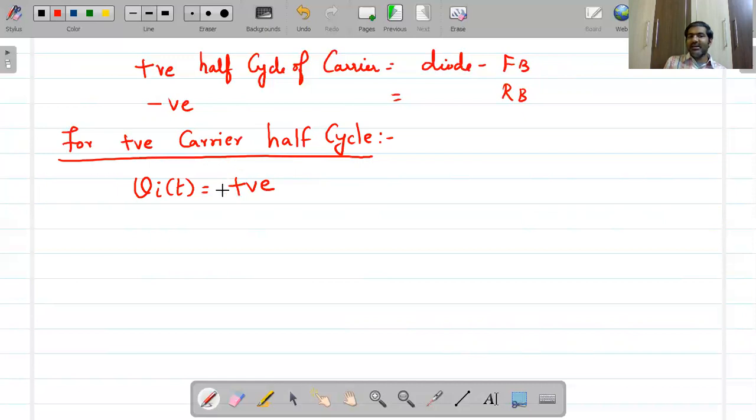You know that the polarity of Va of t depends on the carrier polarity. The carrier polarity is positive, so definitely Va of t will also be positive. When Va of t is positive, your diode input is positive, which means the diode will become on. So when the diode becomes on, you see.